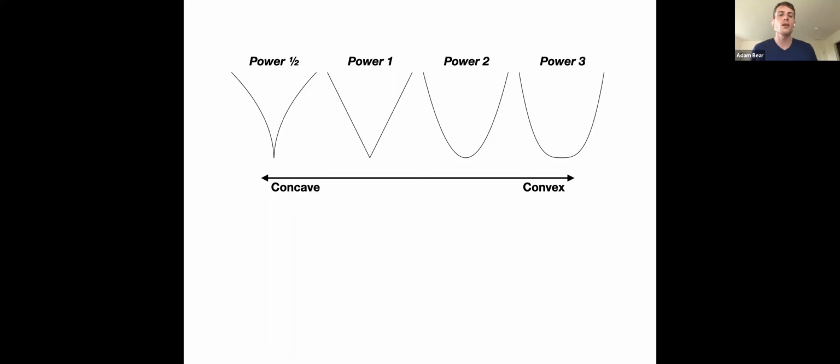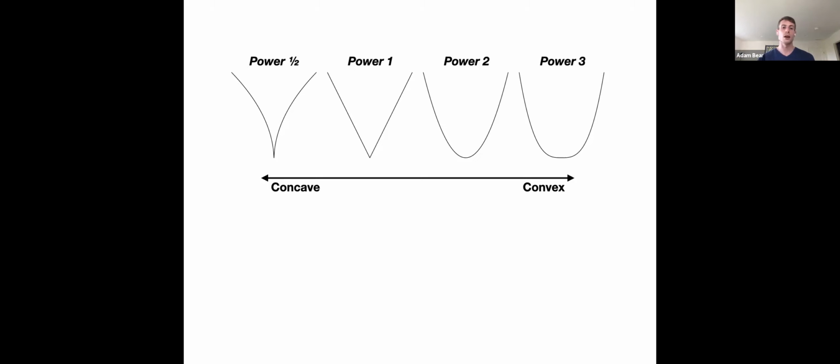So what we do is we consider some different loss functions that are smooth in different contexts. The first types of loss functions we'll consider are just power functions. So just saying as your error increases, your loss increases raised to some power. So 1/2 would mean a square root error.